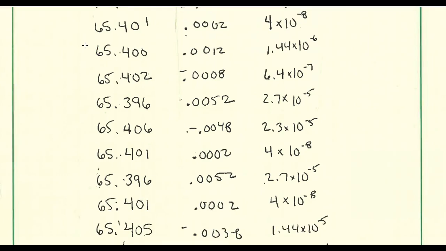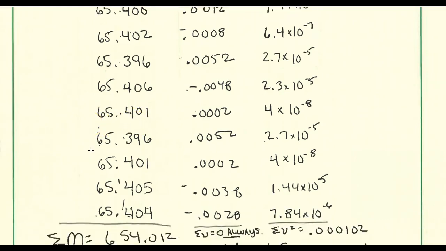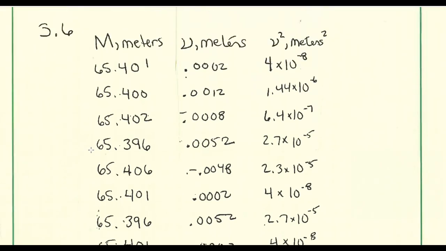If you have one that is excruciatingly different, like we have a bunch that are 65.396, 65.401, and then a measurement that was, for example, 56 point something, we would probably recognize that as a bad data point, probably because the person who wrote it down flipped the numbers. There are a bunch of different reasons you could have a bad data point, but those are called outliers, and generally speaking you want to eliminate them from your data set.